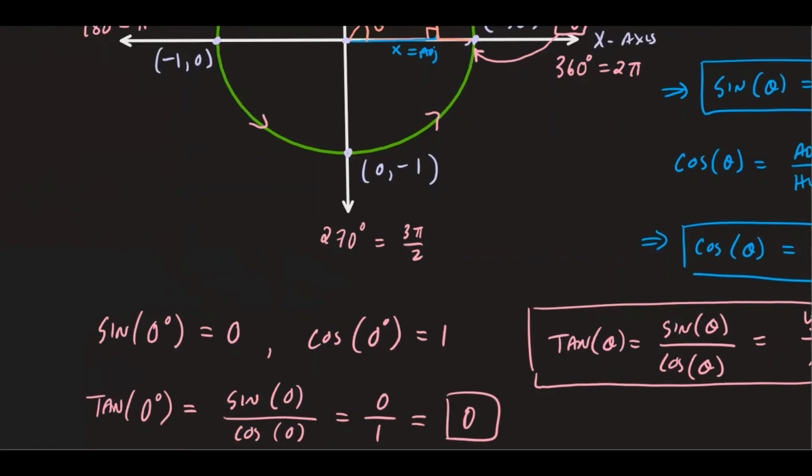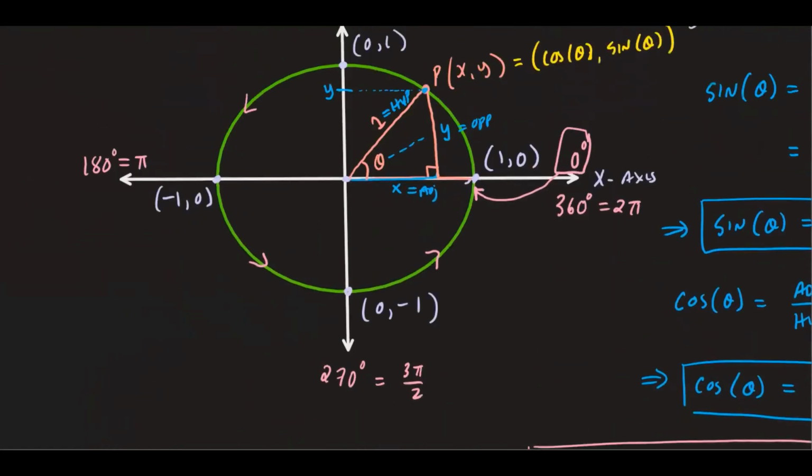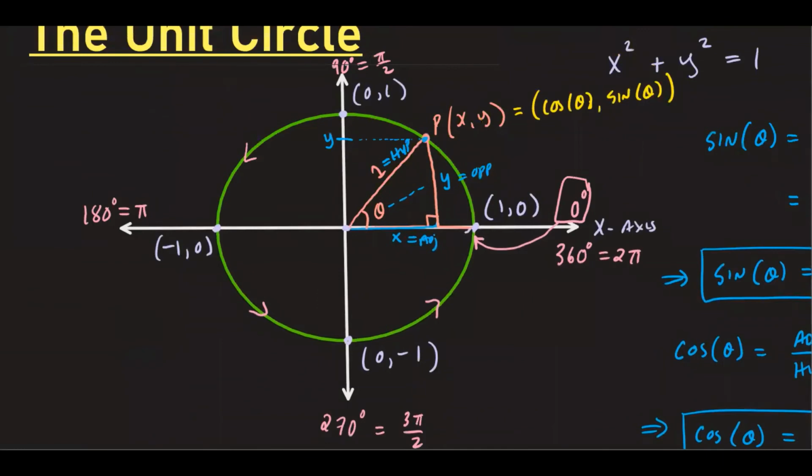And then you can keep going on the unit circle and define what is sine 90. Well, sine 90 is going to be the y coordinate of 90 degrees, which is this point right here. So we can say sine 90 is 1. And if I want to find cosine 90, that will be 0. And then we can also talk about 180, 270, and 360, and more from here.